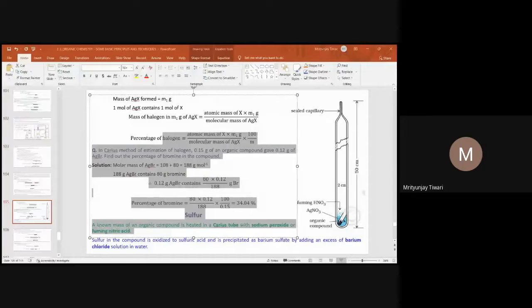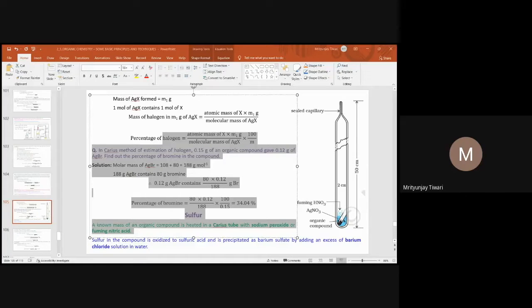Now you divide this value by the mass of the organic compound, and multiply the resultant value by 100, and you will get the percentage of phosphorus present in the organic compound. Here M1 is the mass of the phosphomolybdate that is formed, and M is the mass of the organic compound.